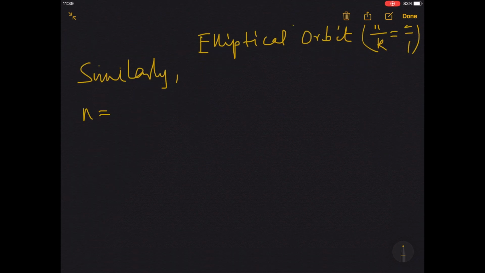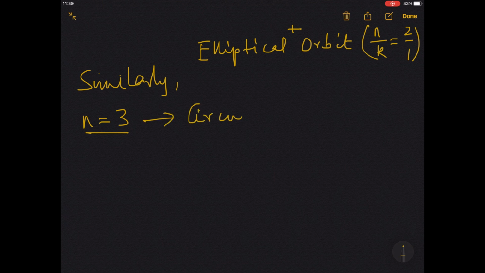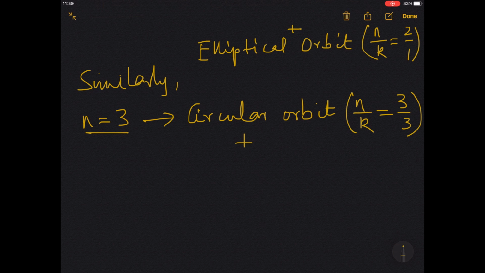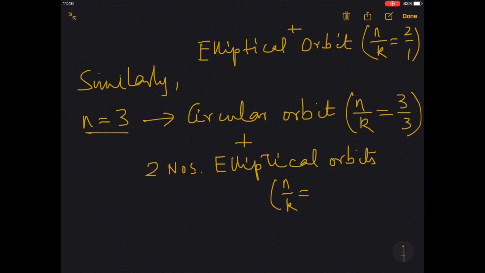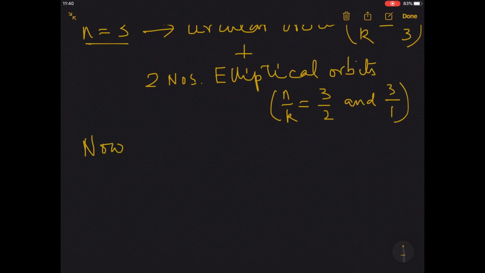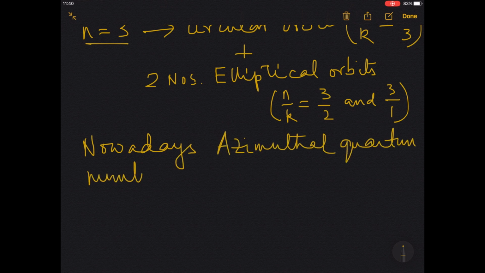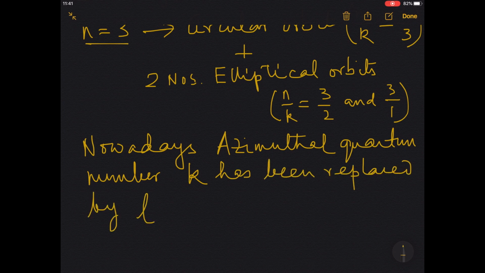Similarly, n equal to 3 possesses one circular orbit for n by k equal to 3 by 3, plus n minus 1, or 2, elliptical orbits, that is n by k equal to 3 by 2 and 3 by 1. The azimuthal quantum number k has now been replaced with L, where L equals k minus 1, and L may have values 0, 1, 2 and so on to n minus 1.